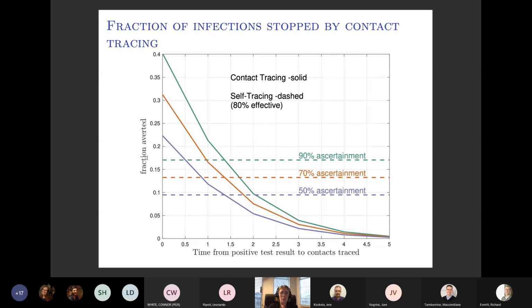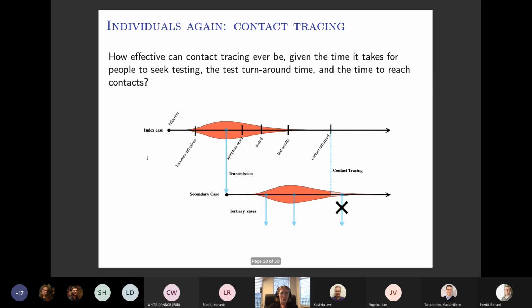We need those to be reopened at a level that means contact is high enough that this approach with this delay will not work. We have to be testing the contacts here or here at the time the initial case is tested. If we could test all the contacts instantly, even if we tested all the contacts here instead of sending them home to self-isolate, we would do much better. But if we have a turnaround time for the test, this is not particularly feasible.